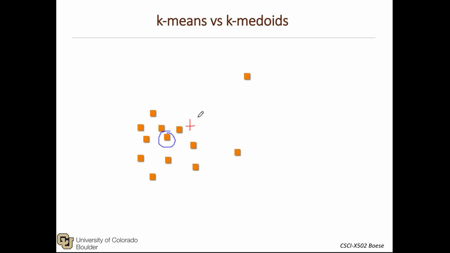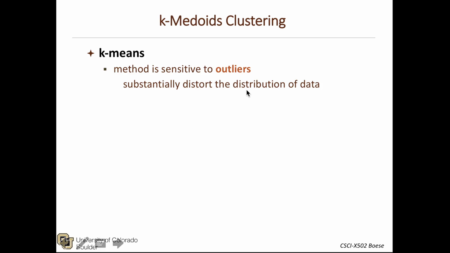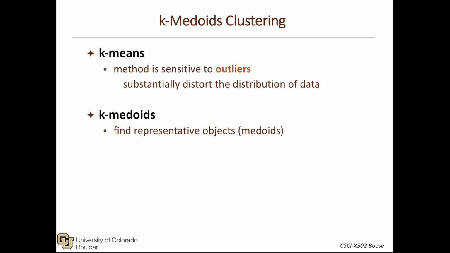And so k-medoids is going to be less affected by this outlier out here. So k-means is very sensitive to outliers or noise that may be out there, which distorts the values. With k-medoids, we're using an object to represent the centroid, and so it's going to be less affected by these outliers or noise than k-means.